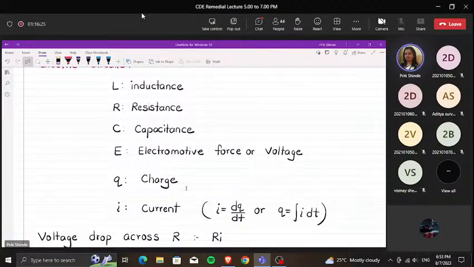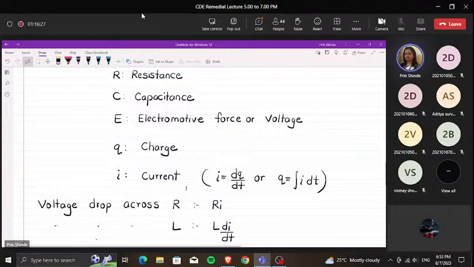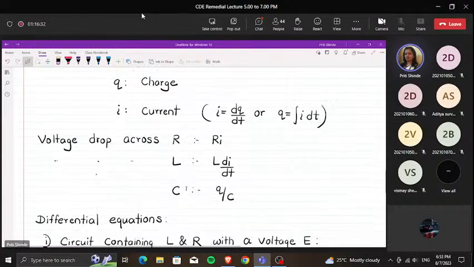Voltage drop across resistance is Ri. Voltage drop across inductance is L di by dt, and voltage drop across capacitance is Q by C. Okay, already you are familiar with this.